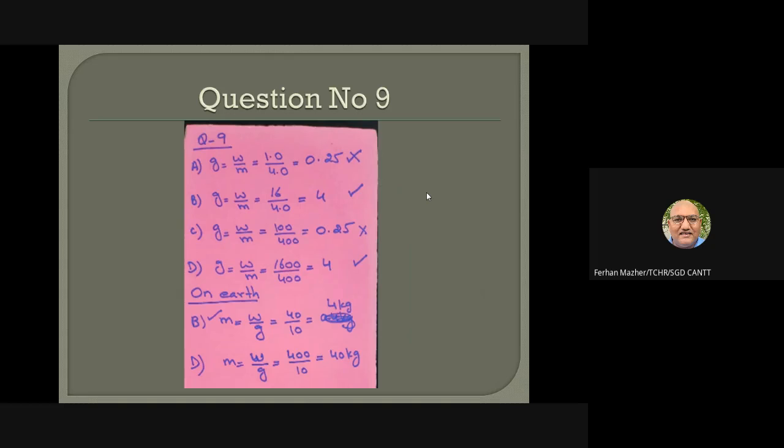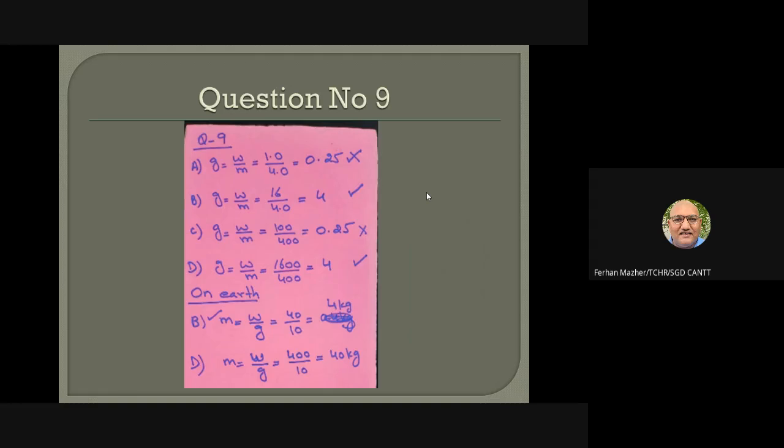C option, 100 divided by 400, so 0.25. That cannot be the answer. D, W divided by m, 1600 divided by 400, 4 Newton per kg. So either the answer is B or it is D. Now on the Earth, the weight was 40 and the g value was 10.